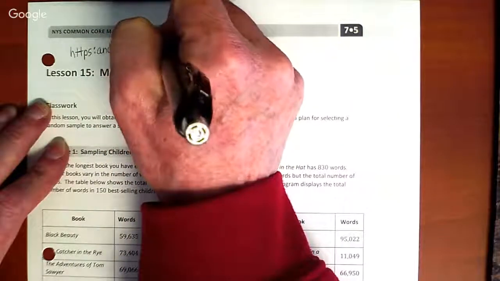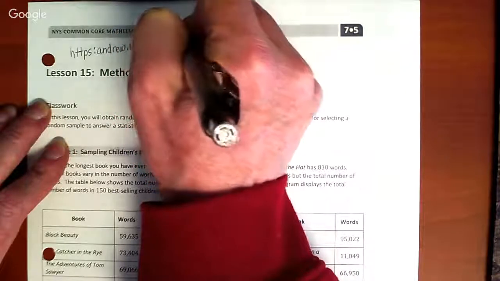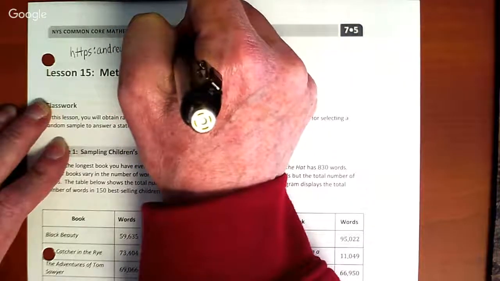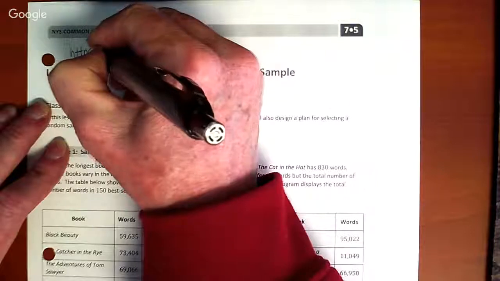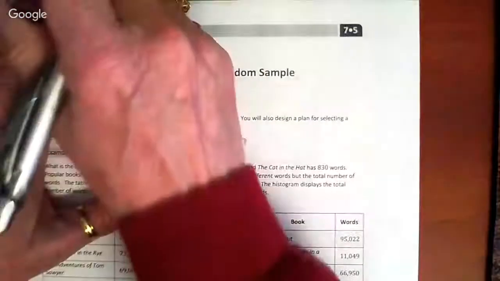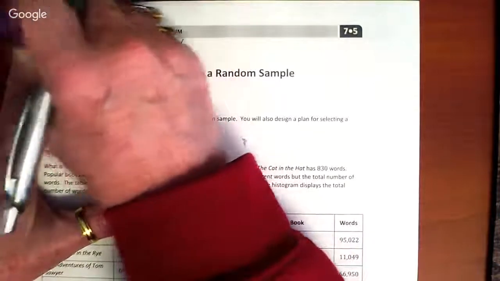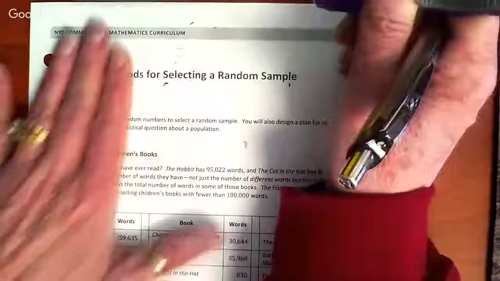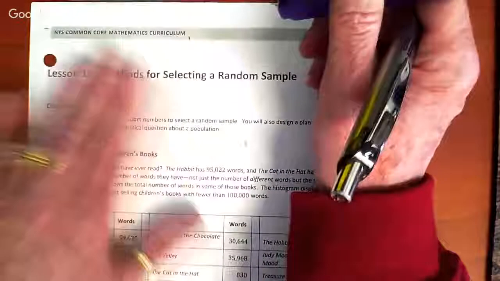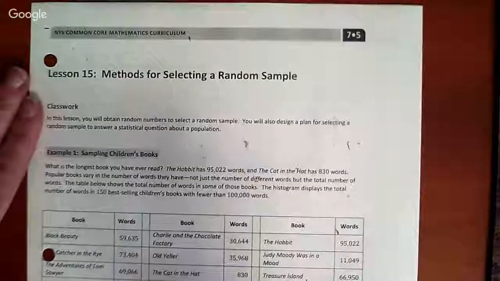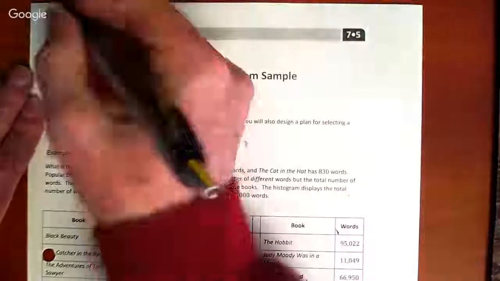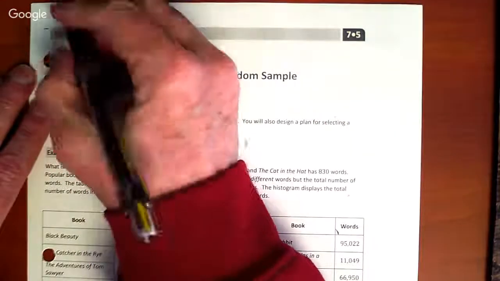hedges.name, sorry, let me redo that. Make sure you got the right one. Sorry, guys.